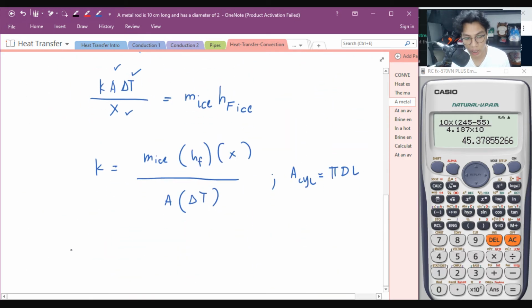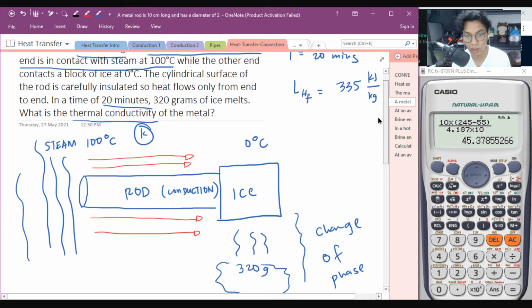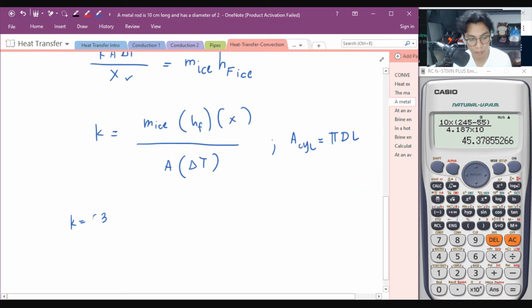Okay? So, k is equal to mass of the ice, that is 320 grams. Nakalagay dyan, 320 grams or 0.320 kilograms in 20 minutes. Okay, yung time. Mass flow rate to eh. Okay, mass flow rate yan. O di yung time, 20 minutes. Kaya lang gagawin ko seconds to. Okay?